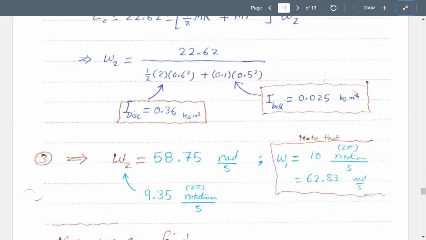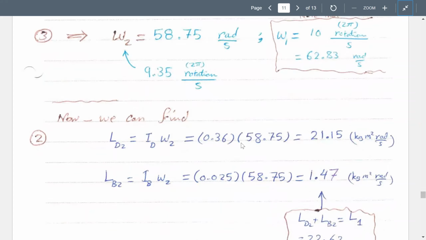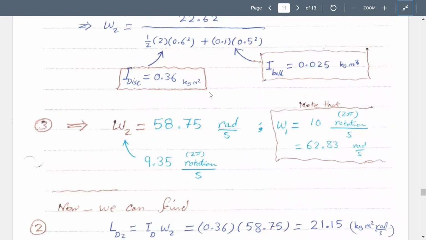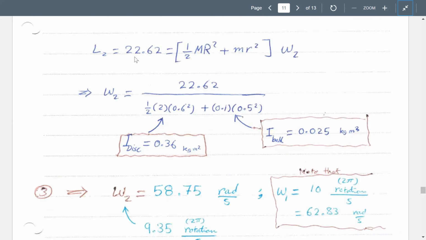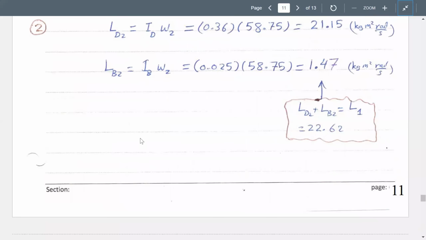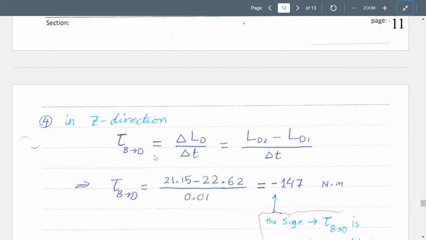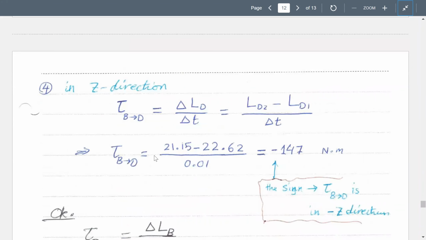The moment of inertia of the ball is this. So the angular momentum for the disk is 21.15. The angular momentum of the ball is 1.47. Add them together, they give us the total angular momentum, 22.62. Okay, the torque now.